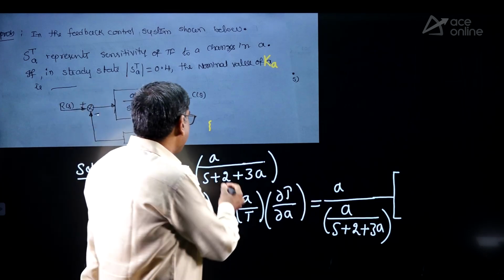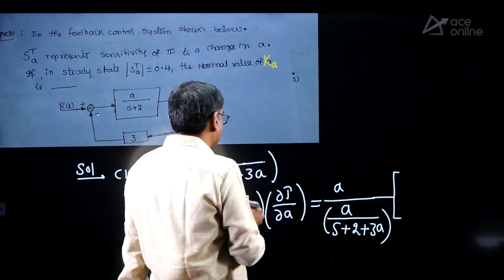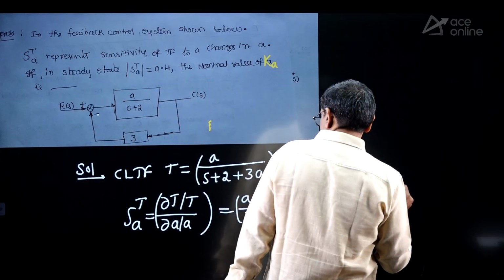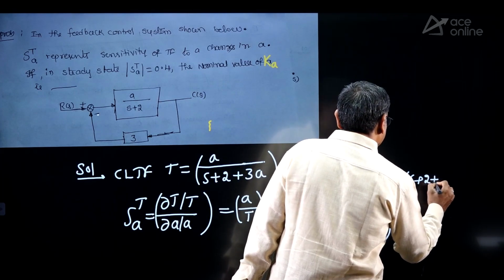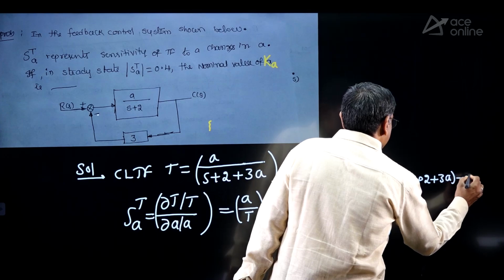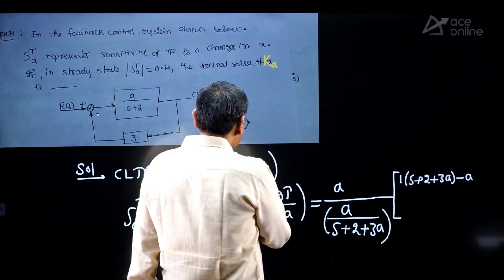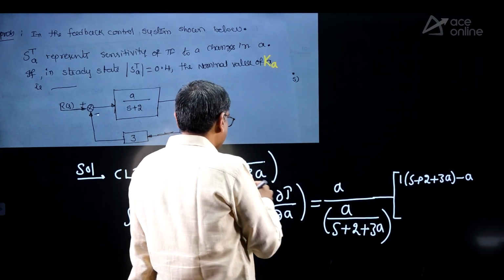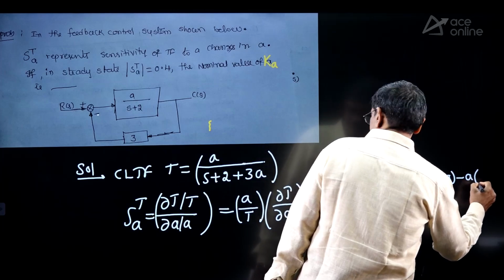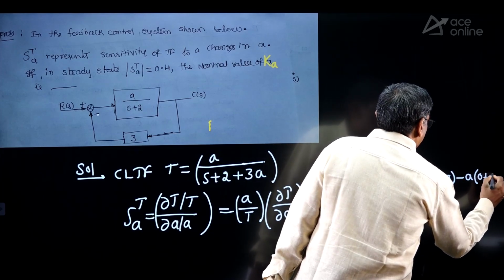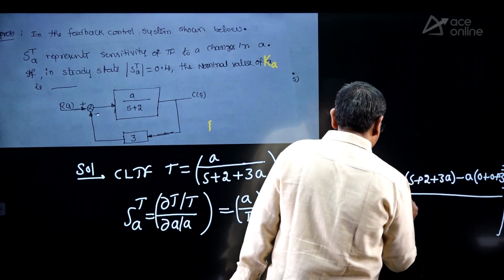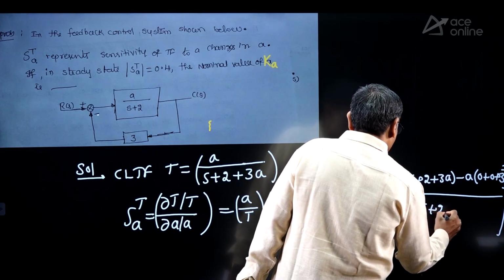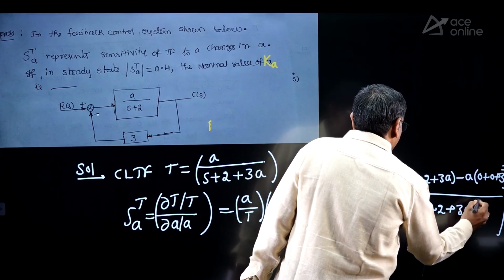∂T/∂A. If you differentiate here with respect to A, what will I get? Numerator is 1 into (S plus 2 plus 3A) minus A into 3, using the rule (u'v minus uv')/v squared. Here the derivative of the denominator's S plus 2 is 0, so you will get 3. 0 plus 0 plus 3, divided by (S plus 2 plus 3A) whole square.